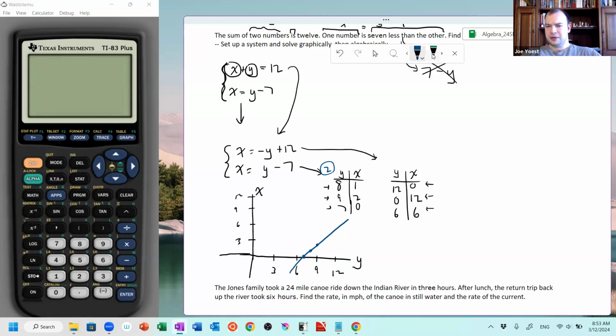And then equation 1, maybe I'll draw it in green. We go through 12, 0, and 0, 12. I'm going to draw this line before I draw the point. I'm going to cheat a little bit. I'm going to draw the line and then see if I think that the 6, 6 does fall on that line. And that does look pretty good.